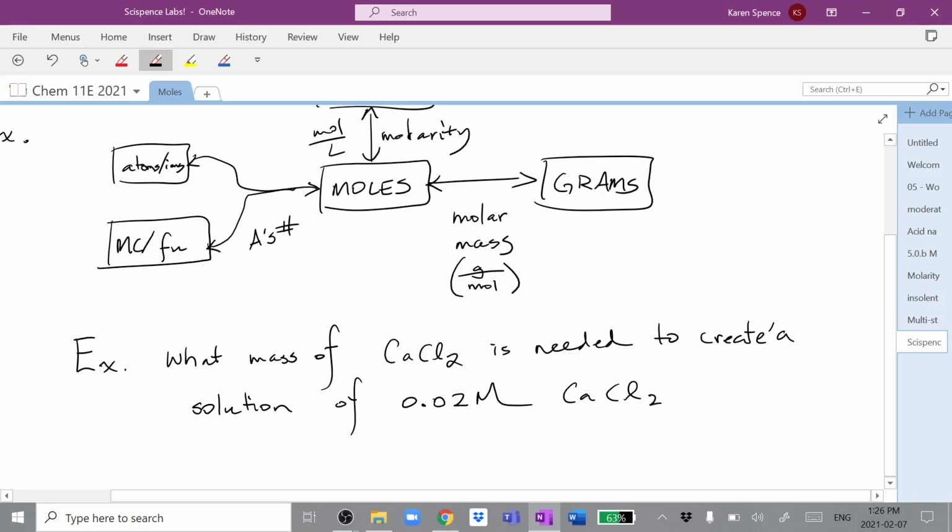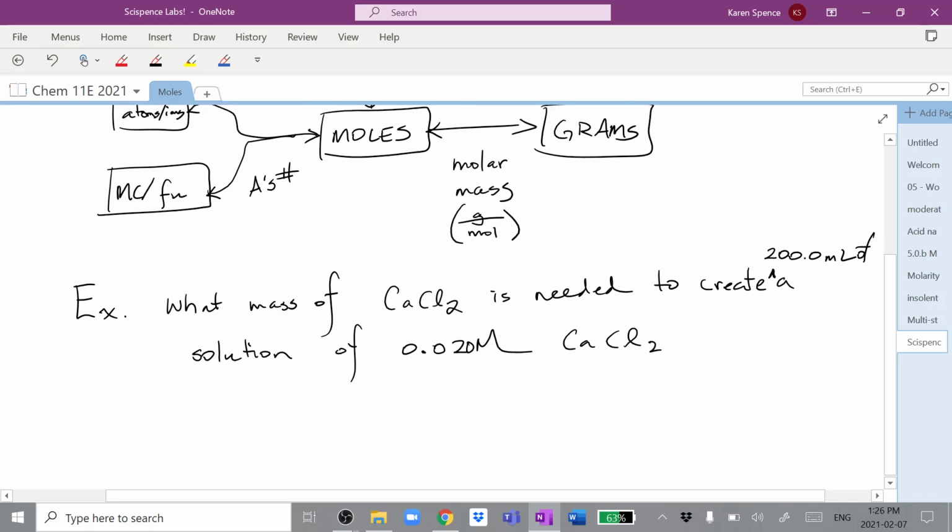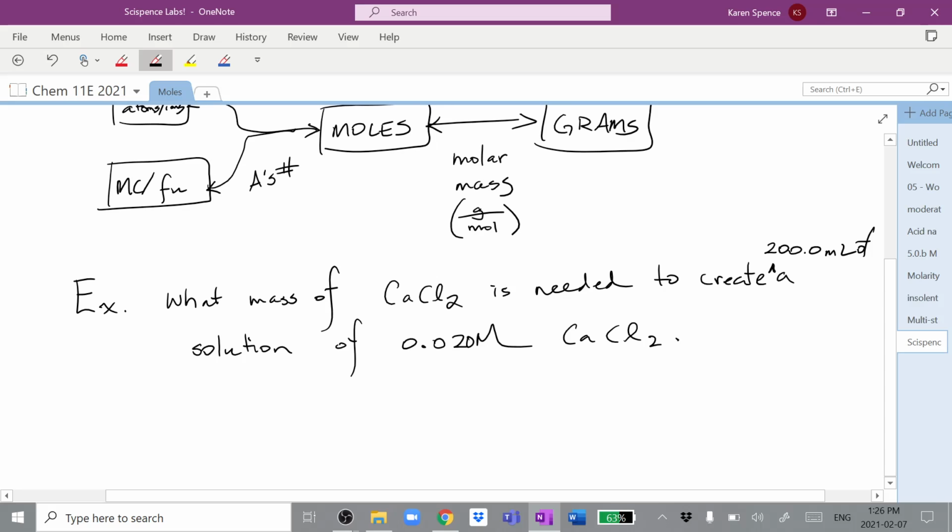We need a volume to create what? 200 milliliters? Sure. Of a solution of 0.20, let's give ourselves some sig figs there, 0.20 molar CaCl2.